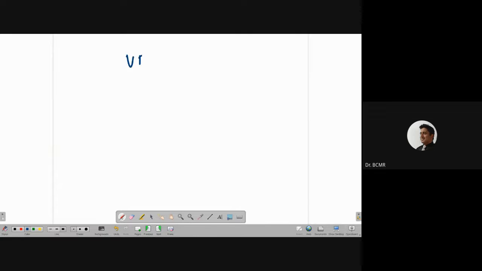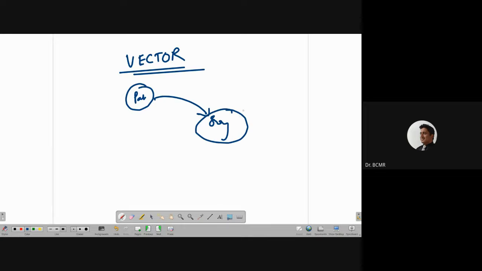What is a vector? In biology, for diseases, you will see that some pathogen grows in some organism, and that might bite a human and cause disease.